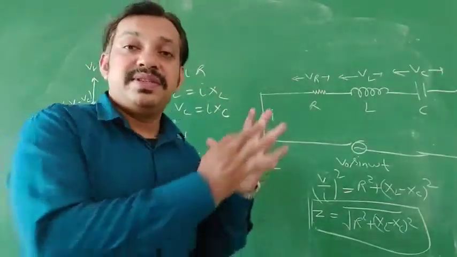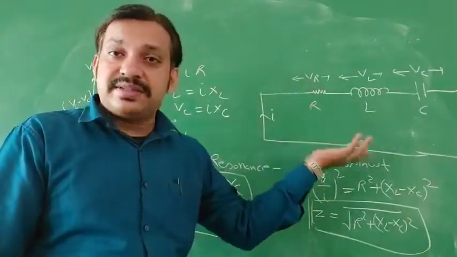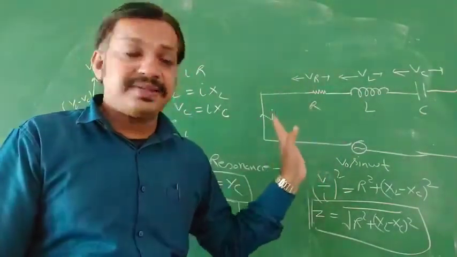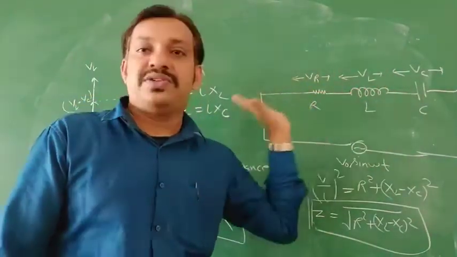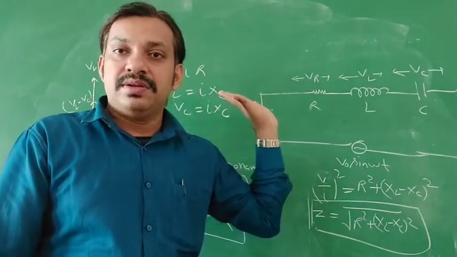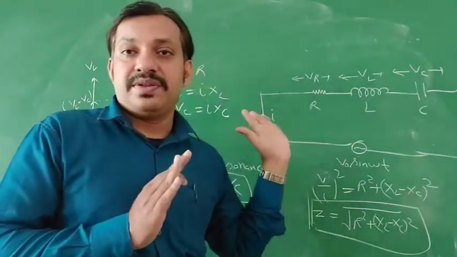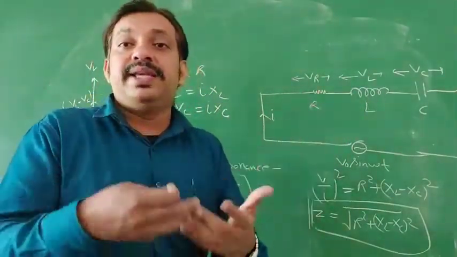That means in that circuit we have a resistive effect only because of the resistance. That means there is no resistance offered by the combination of the L and C. I am not saying that the L is not applying any resistance.